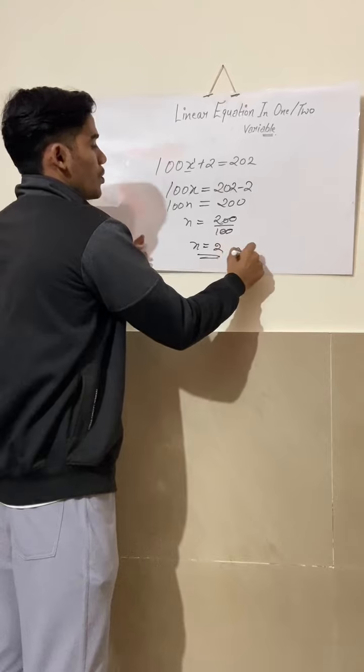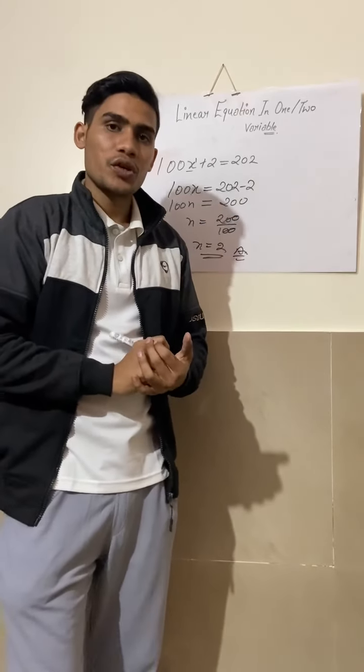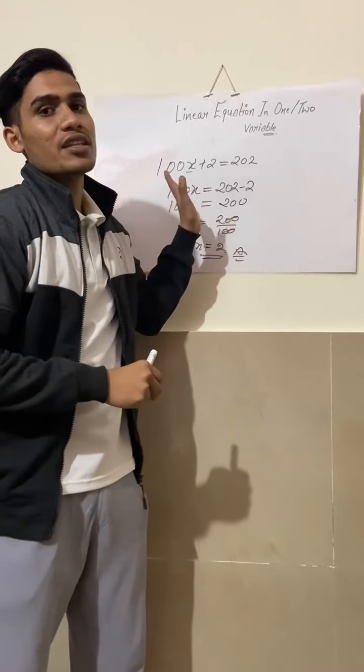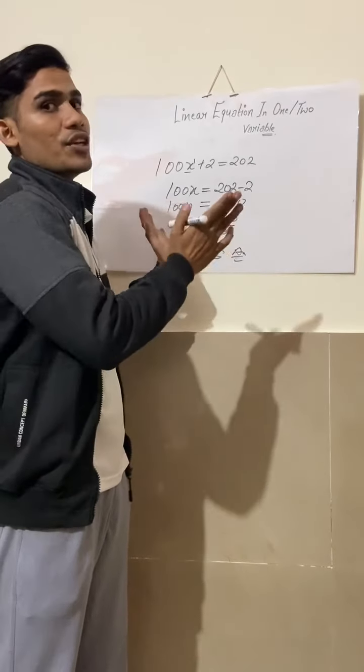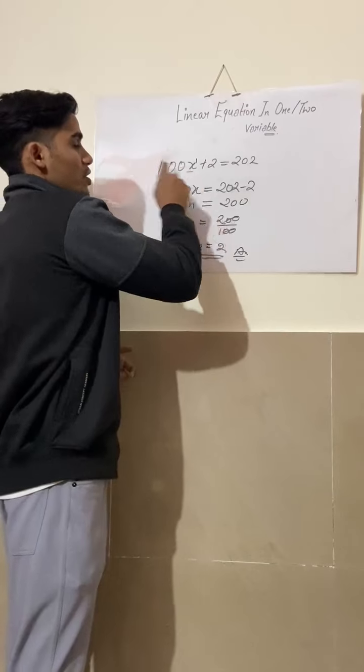Now x is equal to 2 is the solution to this equation. Means if you put 2 in place of that variable, it will satisfy the equation. Satisfy the equation means both sides will have equal values after putting 2 in place of x.